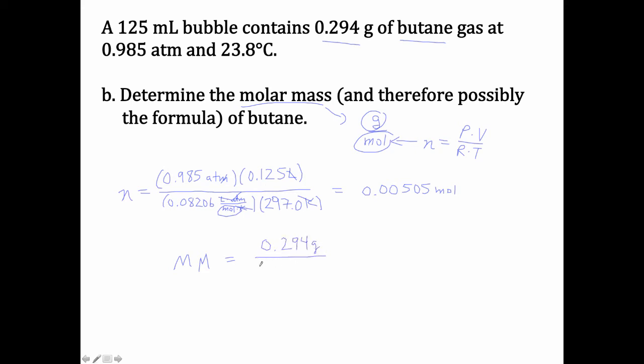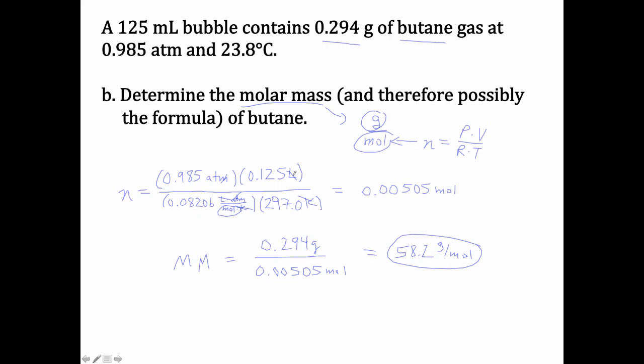And then the molar mass is simply the number of grams, 0.294, over the number of moles, 0.00505, and that works out to be 58.2 grams per mole, which answers the question.